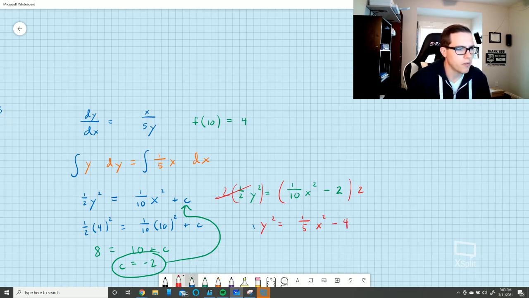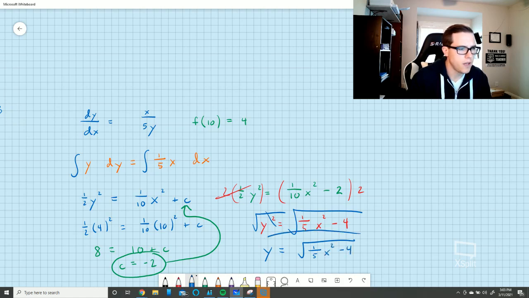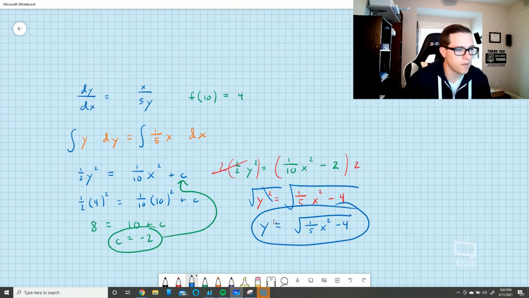And then we square root both sides. And we have found our particular solution. That's it. So we're actually finding the real function. This function, if you check it, has this slope all along the way.